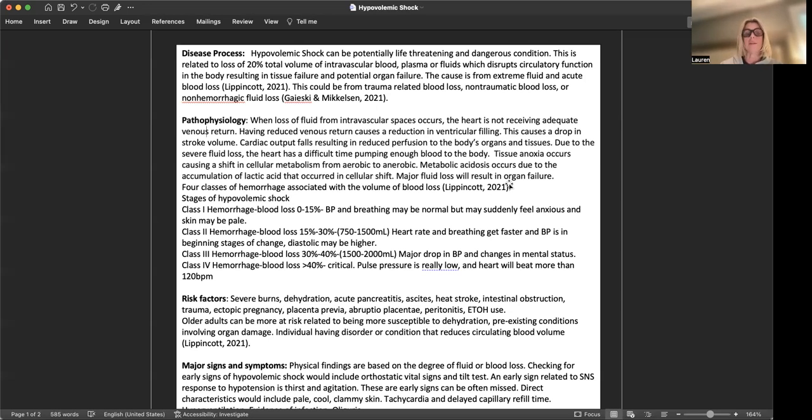Due to this, cellular metabolism shifts from aerobic to anaerobic. Metabolic acidosis occurs due to the accumulation of lactic acid from the cellular shift. And like I mentioned above, major fluid loss will result in organ failure.